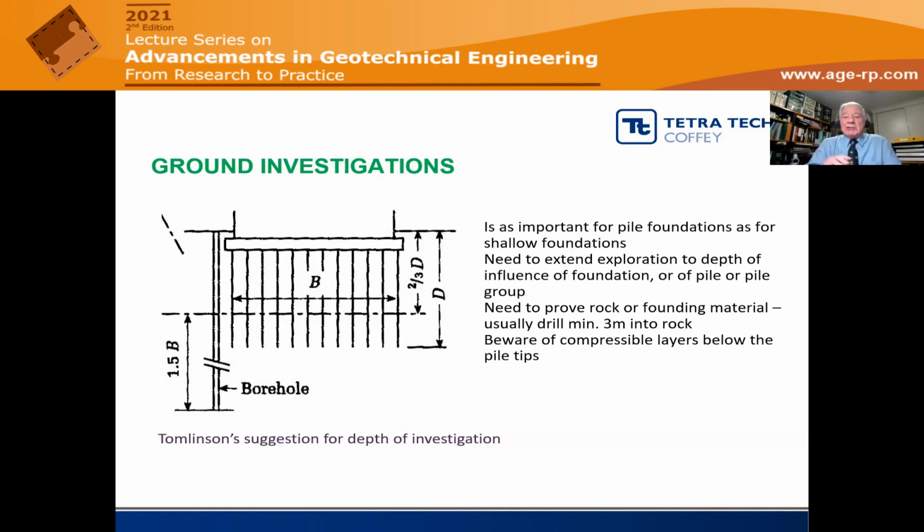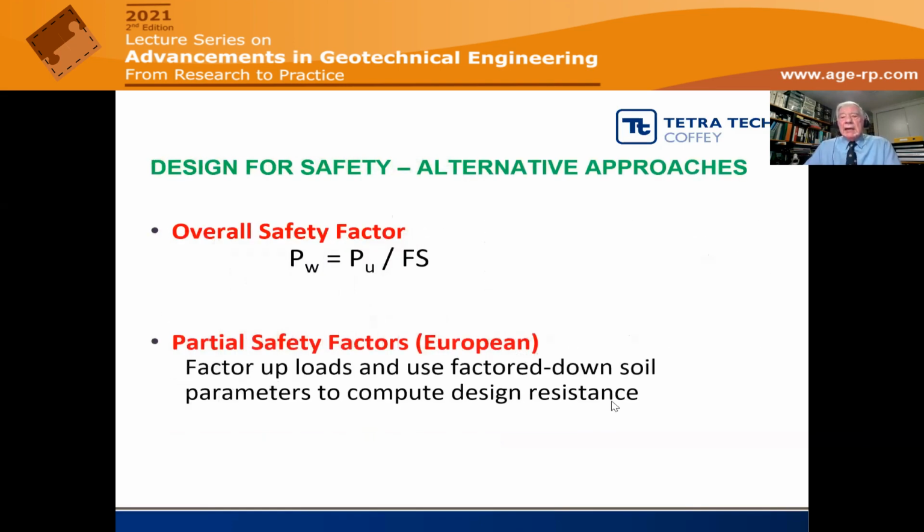We say, well, the rest of it is all rock. It may not be, because there are some circumstances where there are compressible layers below stiffer layers that exist. So you need to be very careful with those sort of situations. So that's all I can say now on that very critical issue.